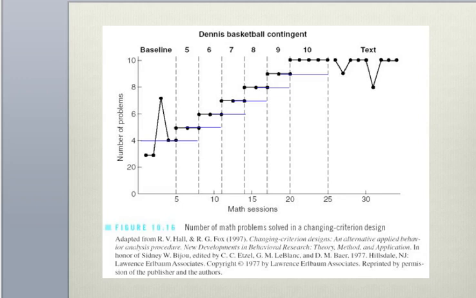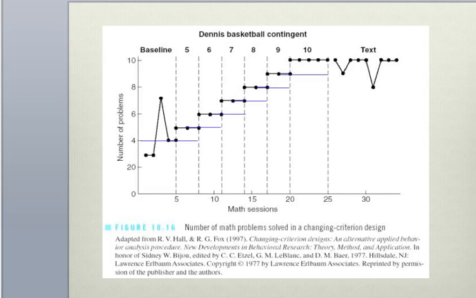This is a study by Hall and Fox. It's a changing criterion design, an alternative applied behavior analysis procedure that was used on the number of problems for Dennis's problem behaviors, and basically his behavior is set up so that if he successfully meets his goal for the day, he gets to play basketball.